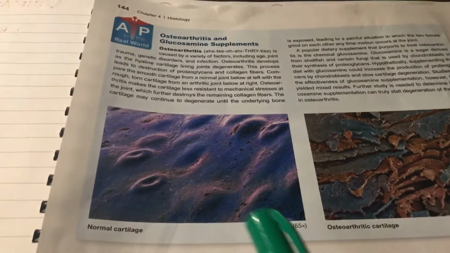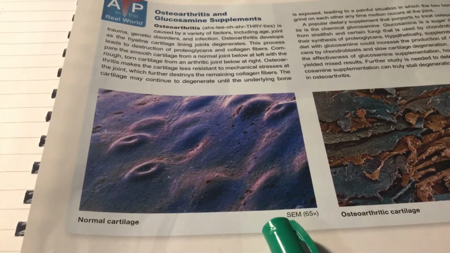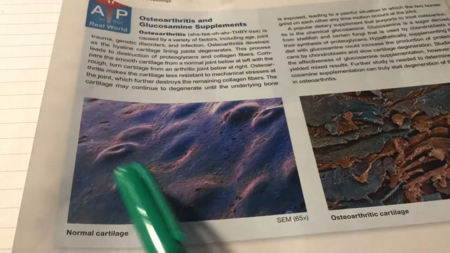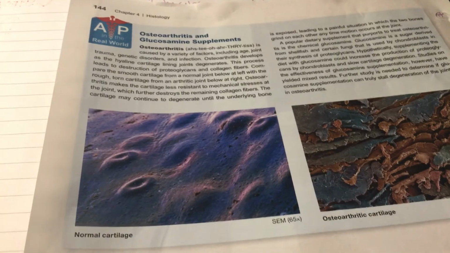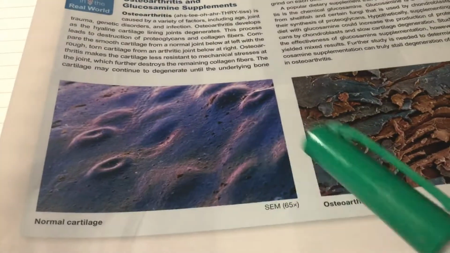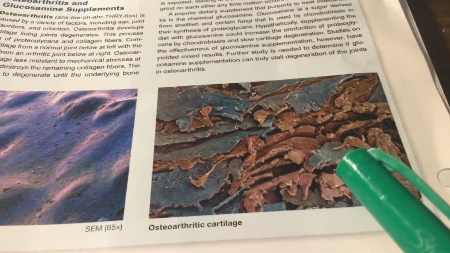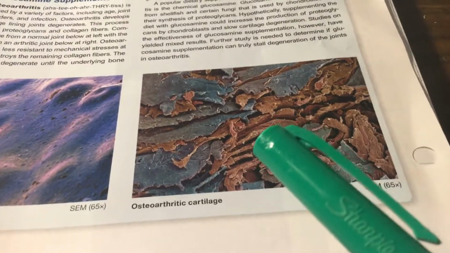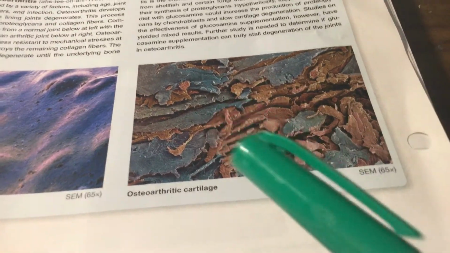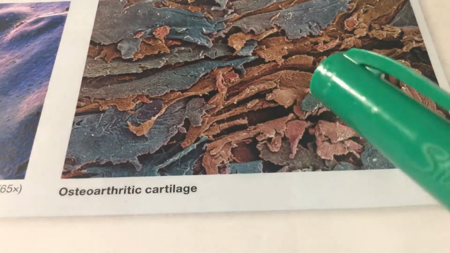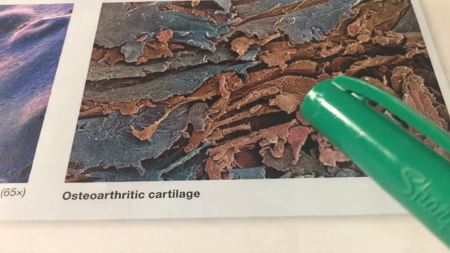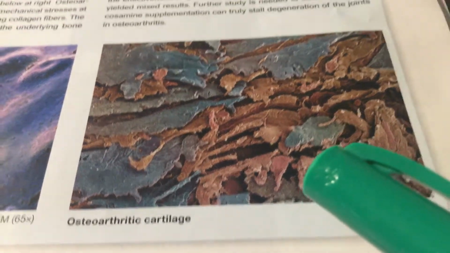Now you can see from the images that this is normal cartilage. You don't see any degeneration here. Everything is normal and perfect. But over here, this is what happens when the cartilage gets degenerated. You see that the fibers get torn, they get destroyed.